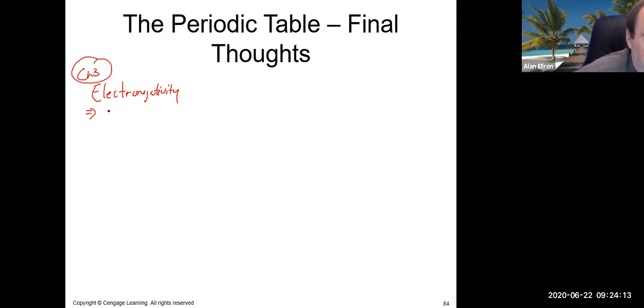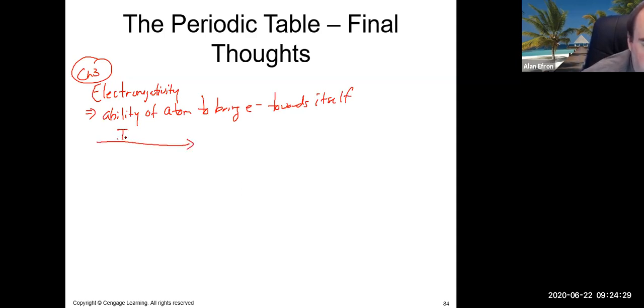Electronegativity is the ability of an atom to bring electrons towards itself. On the periodic table, it increases as you go up and to the right, and it decreases as you go left and down. Fluorine is the most electronegative.